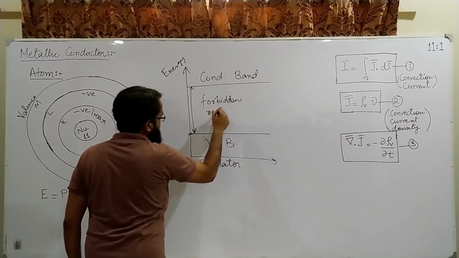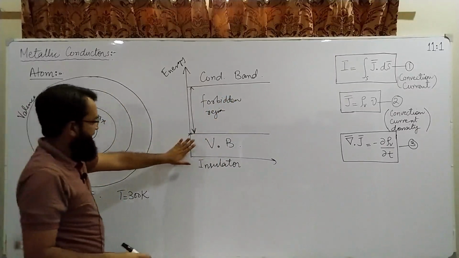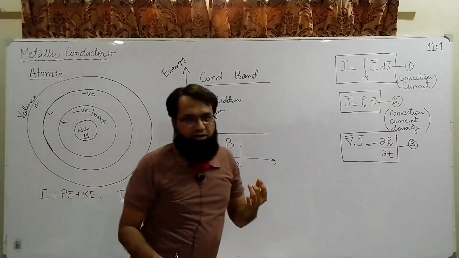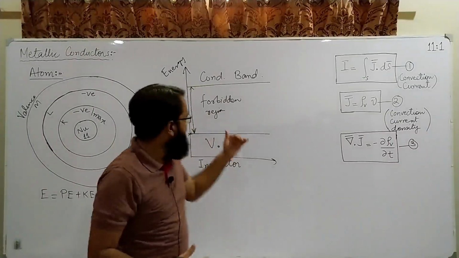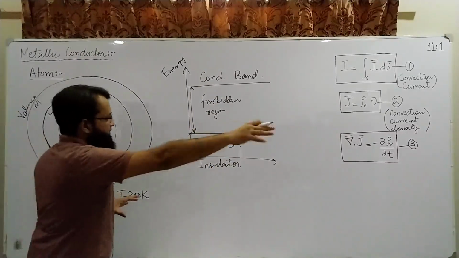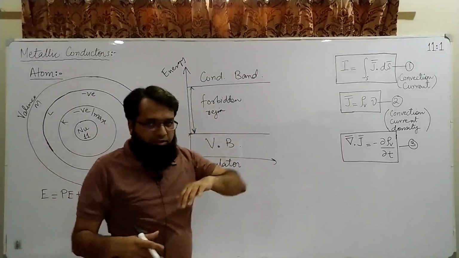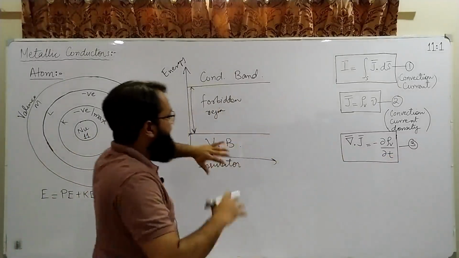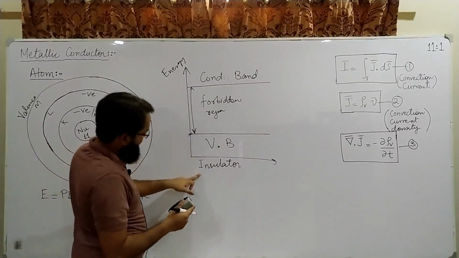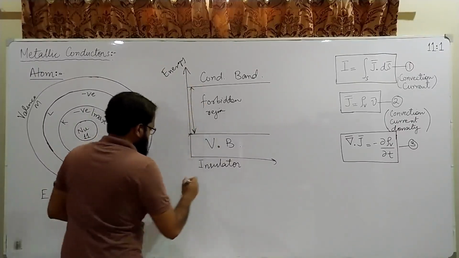Okay, if the forbidden region is very large, then the material is an insulator, meaning that for electrons in the valence band, they require a lot of energy to break away from their parent atoms and go freely in the crystal lattice structure, move around, roam around freely. All right, so those electrons which are roaming around freely are said to be in the conduction band. Okay, so for insulators, this forbidden region is very large.